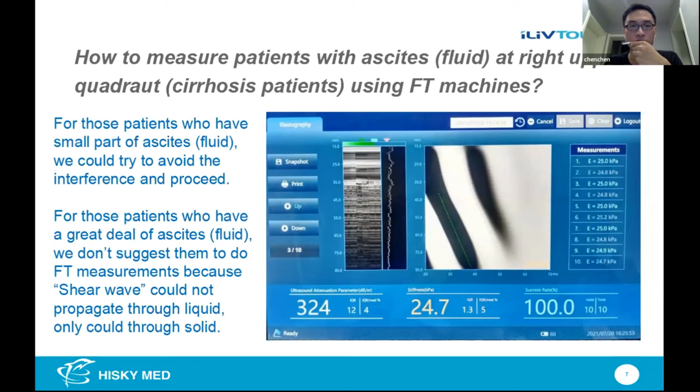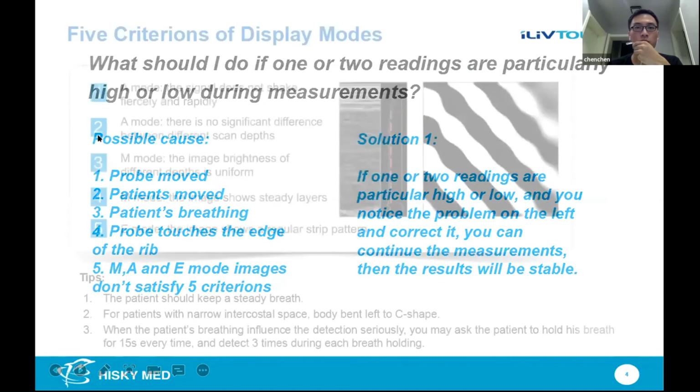But for those patients who really have a great deal of ascites, fluids, we just don't suggest them to do the measurement, because we can't get a good image of the M mode and A mode, and the shear wave could not propagate. So we don't let them do it. But with small parts of ascites, we can avoid them. We can have a try. That's how to do it.